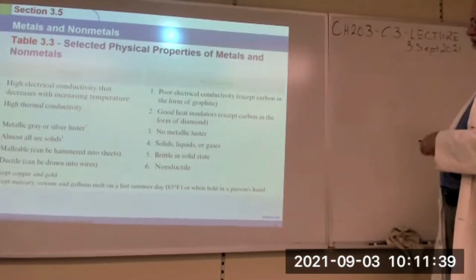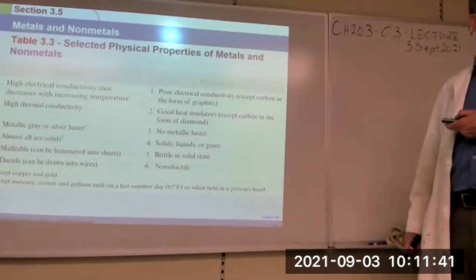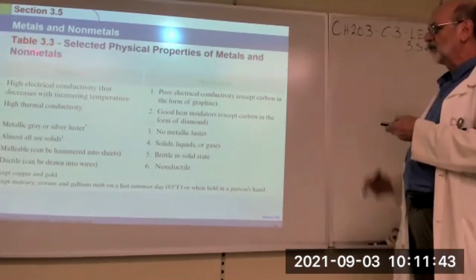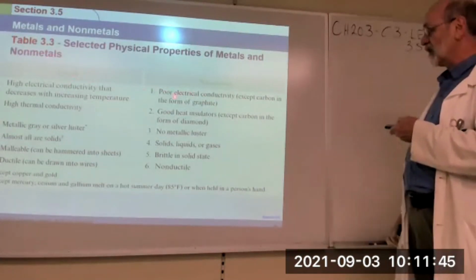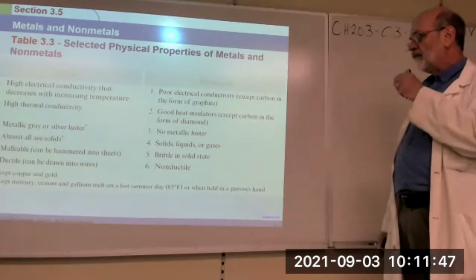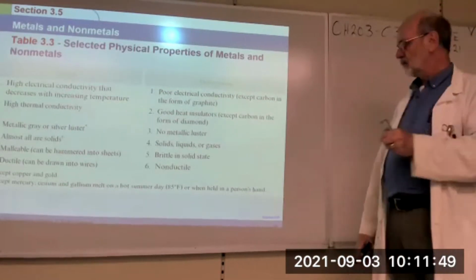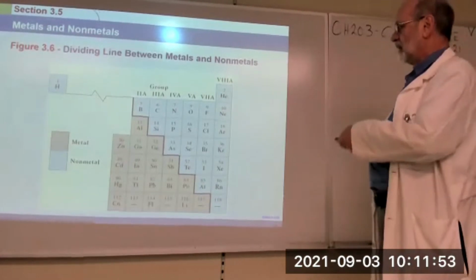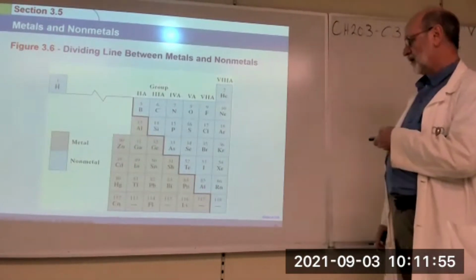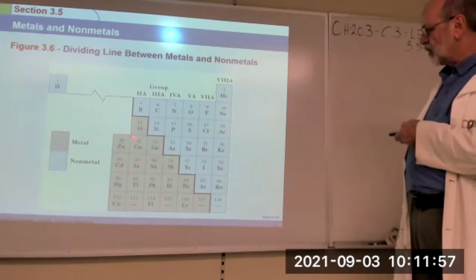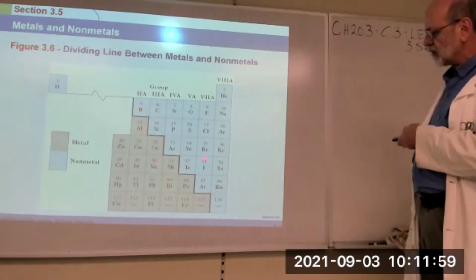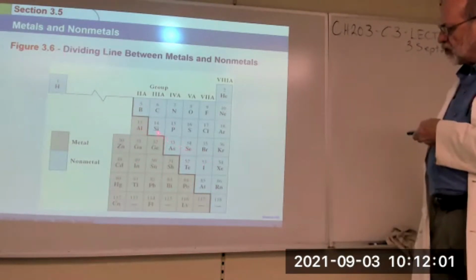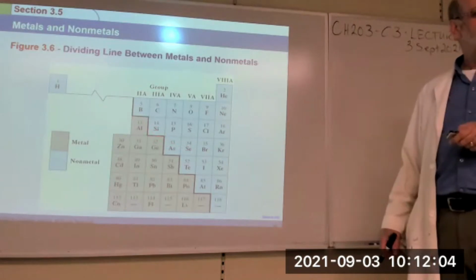Oh, there's our table. This came straight out of your textbook. Table 3. It just compares the metals and the non-metals based on physical properties. So on this dividing line, we see that metals over here and non-metals over here, but there are a few that are really close to that dividing line.